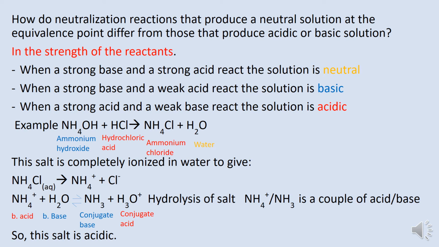NH4+ is a Bronsted acid. Why is it a Bronsted acid? Because it donates H+ to water, to H2O. So the NH4+ becomes NH3 and the water becomes H3O+.